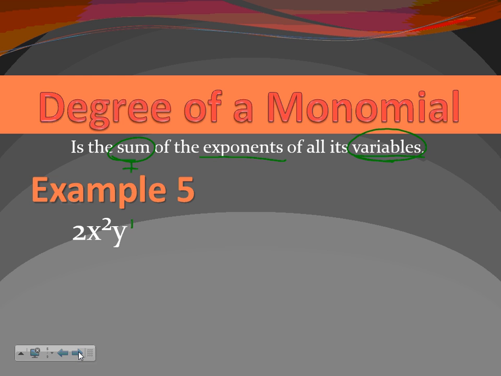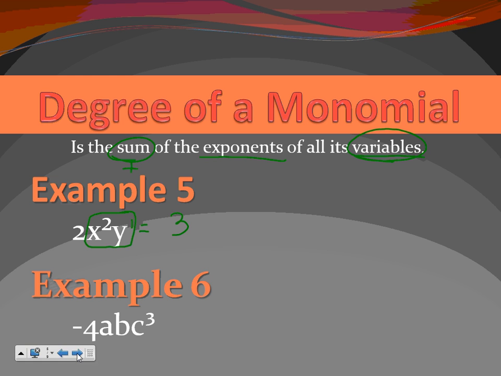2 and 1. And again, I agree that this guy does have a 1, but you're only looking at the variable. So what's its degree? 3. Very good. How about example 6? What's the degree? 5. Very good. This has a 1, this has a 1, and 3.